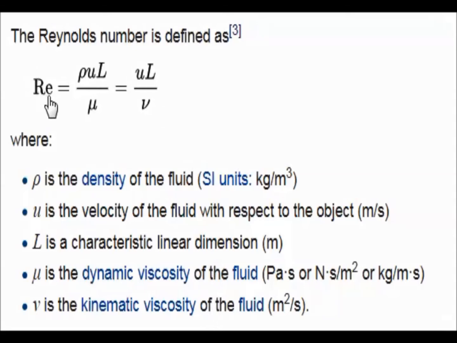Re is equal to UL over nu, where U is the velocity of the fluid with respect to the object in meters per second, L is the characteristic length in meters, and nu on the bottom is our kinematic viscosity of the fluid in meters squared per second. This is what we're going to use to calculate Reynolds number 1 and Reynolds number 2 for the two different shapes and sizes of the turbine blades.